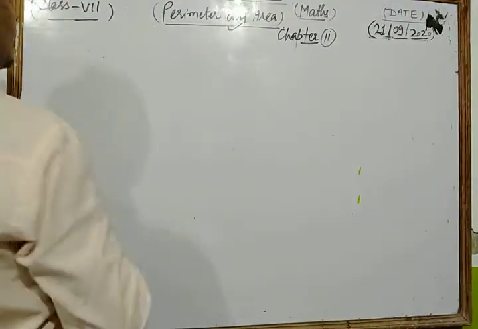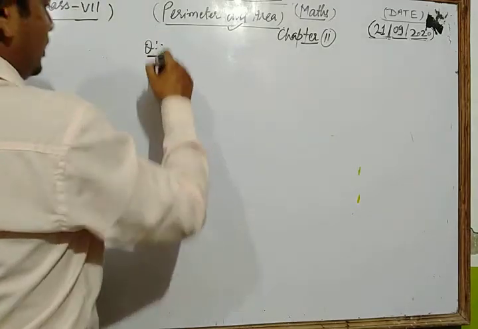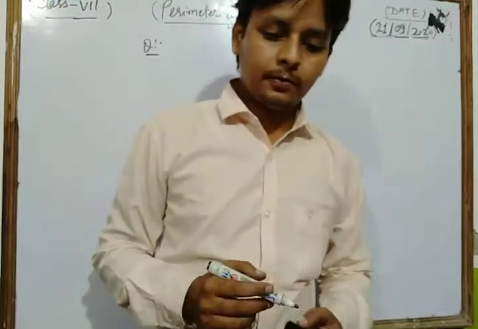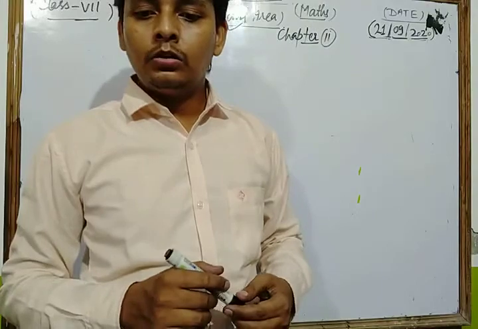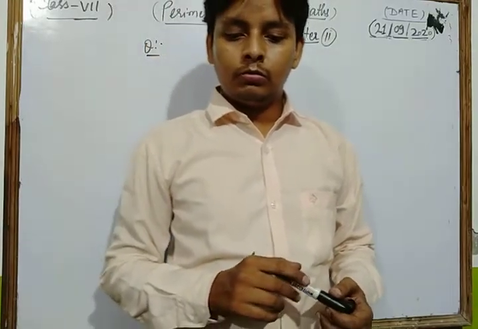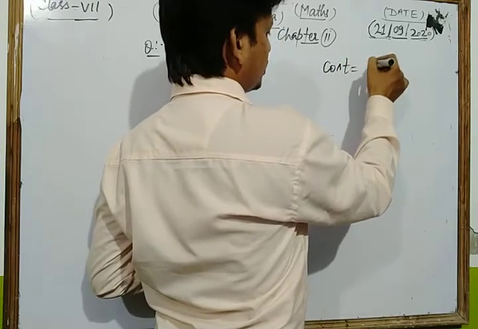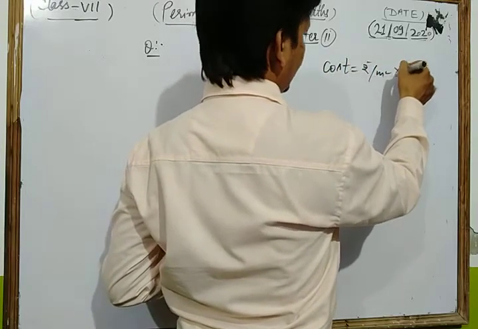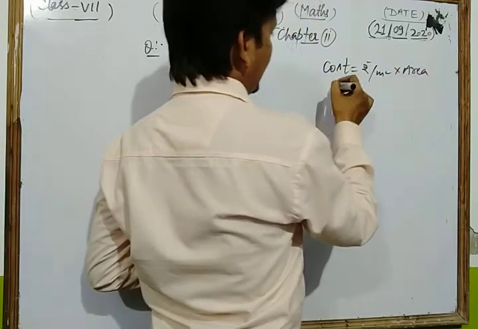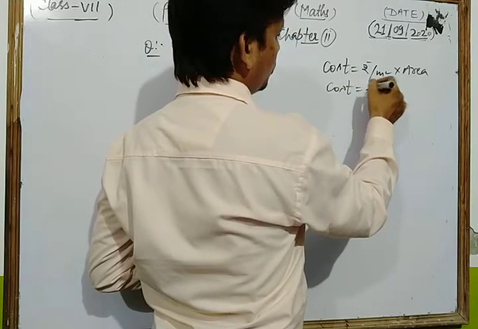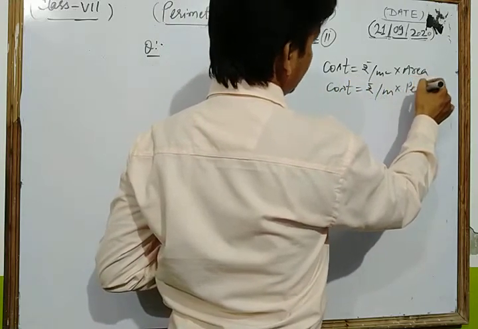Now we take a question. Dear students, one important formula is if we find the cost. Cost is equal to rupees per meter square into area, as well as cost is equal to rupees per meter into its perimeter.